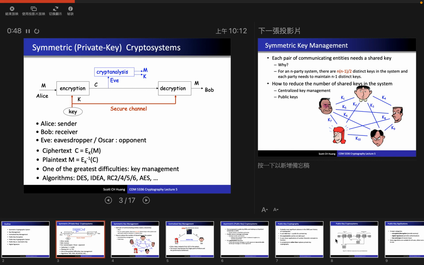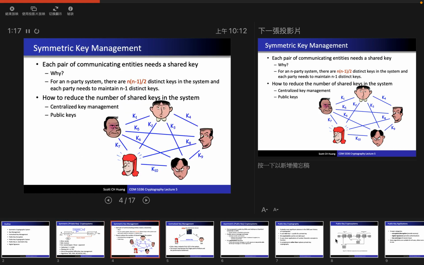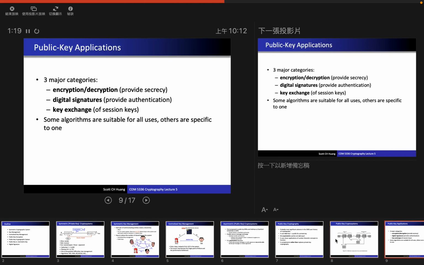That is why the standalone private key crypto system is not complete. With the help of public key cryptography, we can fill this gap of establishing a secure channel. This can be achieved by using public key cryptography. That's really important. So that's number one.